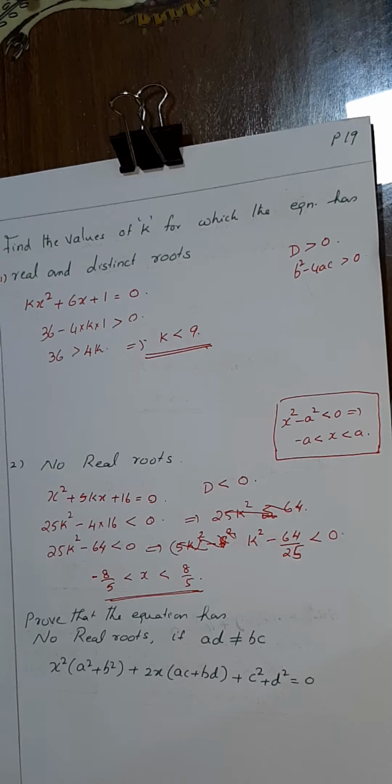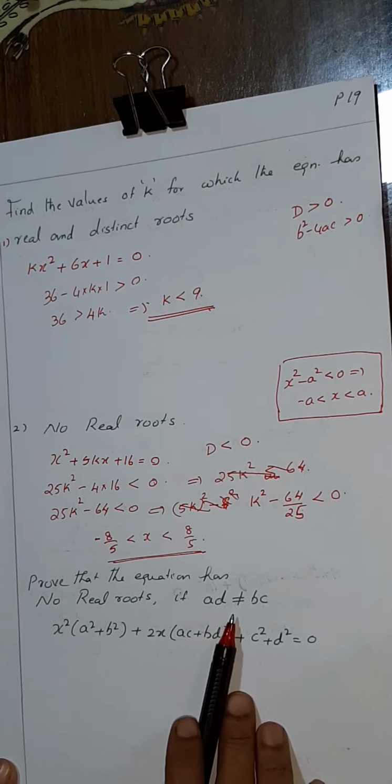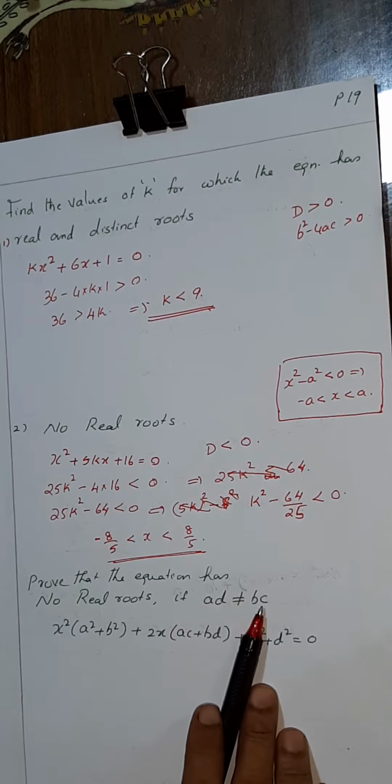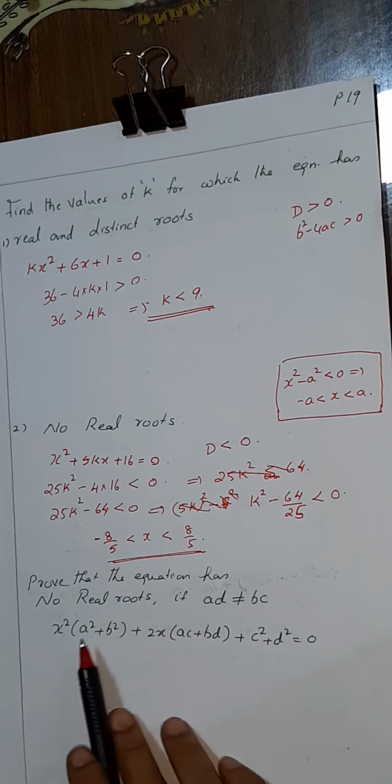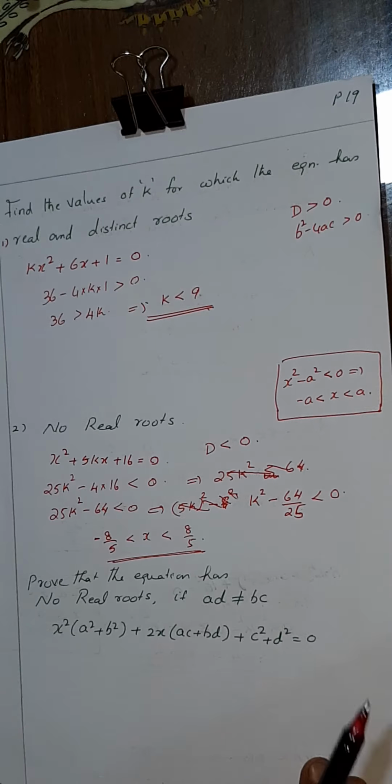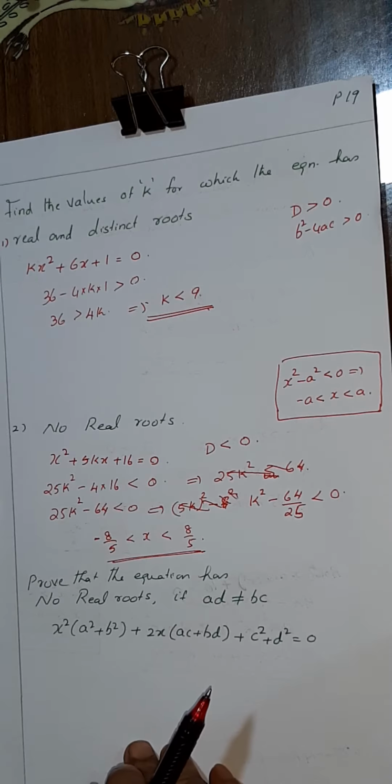Now we have to prove the equation has no real roots if AD is not equal to BC. This equation will not have any real roots.